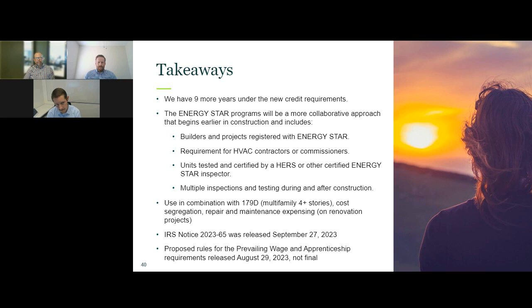A, yes, these are available for all properties. B, no, you can't combine credits with deductions. C, yes, but only if the property is a multifamily, 4 stories or more, and newly constructed or renovated between 2023 and 2032.